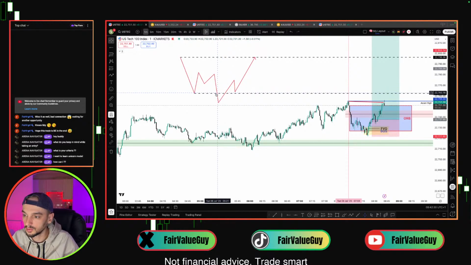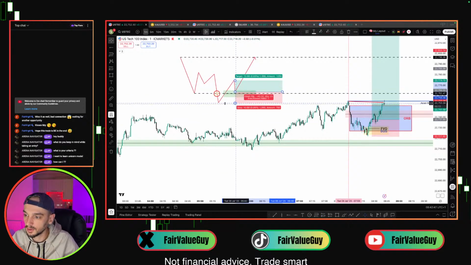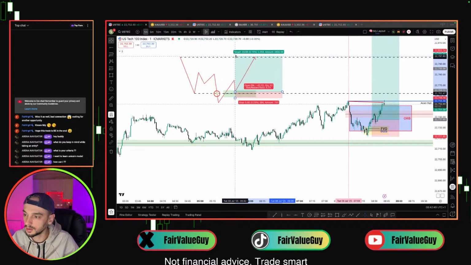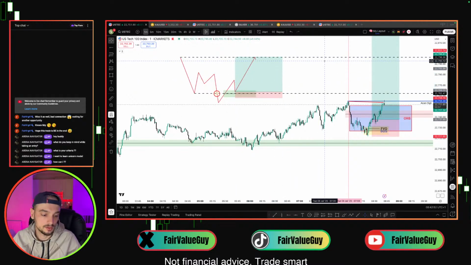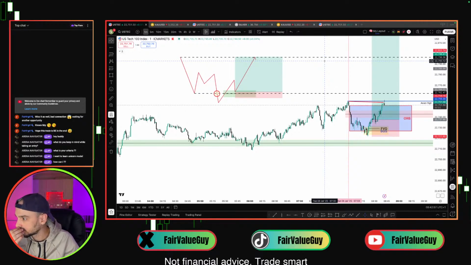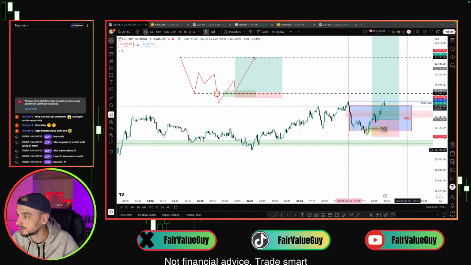You swept the lows right here. It reversed with a fair value gap on the way. Price should come back and retest the fair value gap. You enter here, stop loss under the fair value gap, and TP on the highs. This is how Unicorn looks. We took the highs as well, so no SMT anymore.